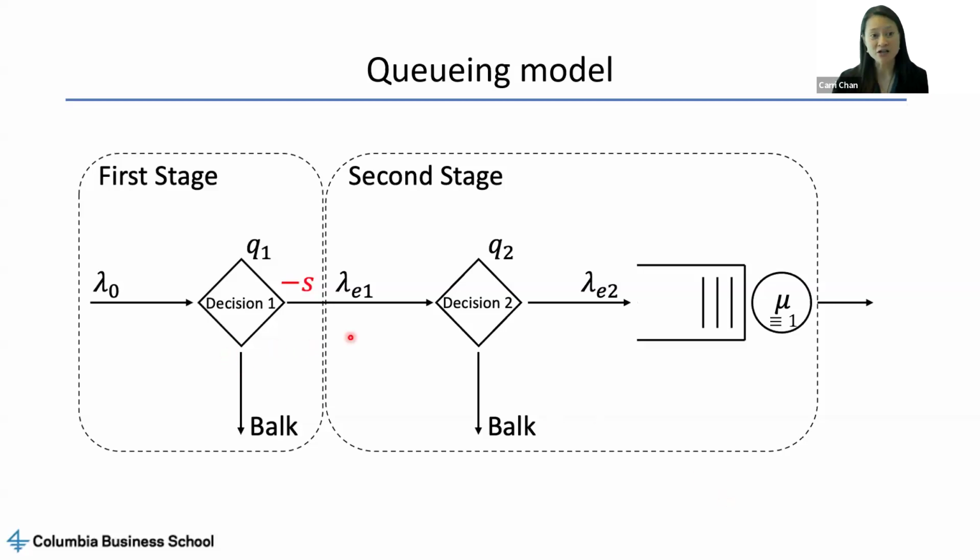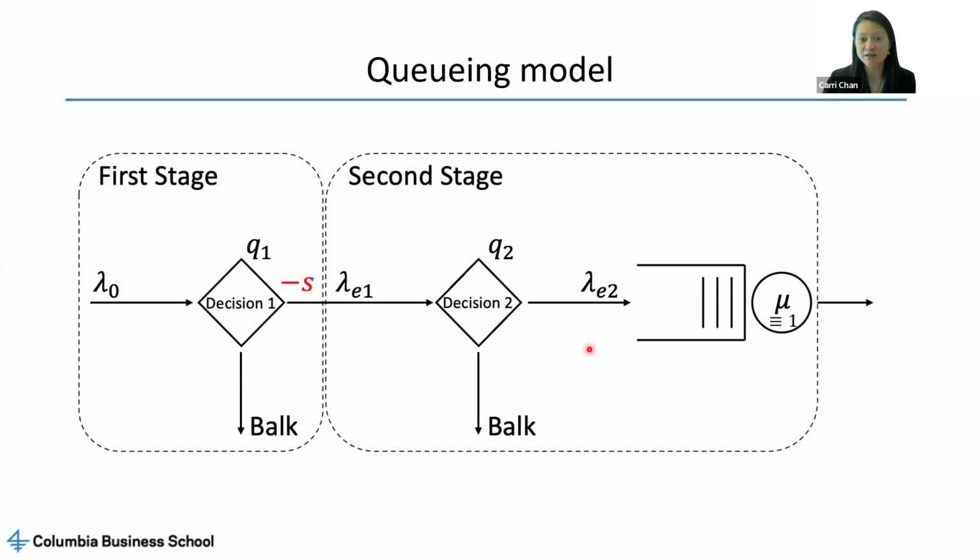In the second stage, once people have made this decision, and I'm going to say Q1 is the proportion that decide to enter the system, I have another decision: whether I'm going to enter the queue and wait, or I can now leave the system.